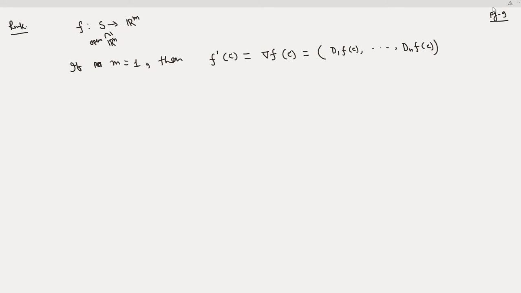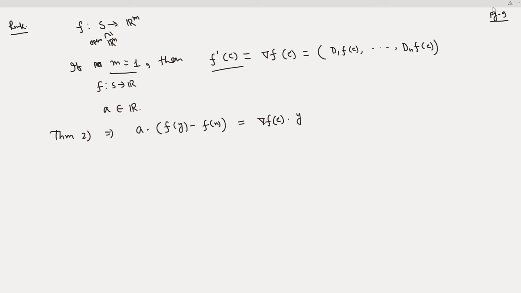Okay, and so if m equal to 1, then the function is from S to R, and A belongs to R. So theorem 2 implies A dot (f of y minus f of x) is equal to f prime of C, that means nabla f at C, times, so this is a dot product, acting on y minus x.